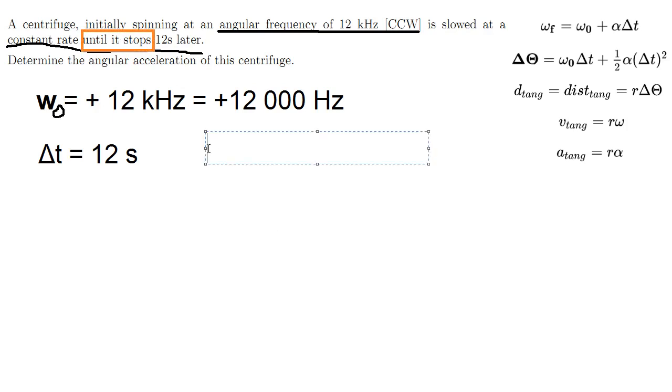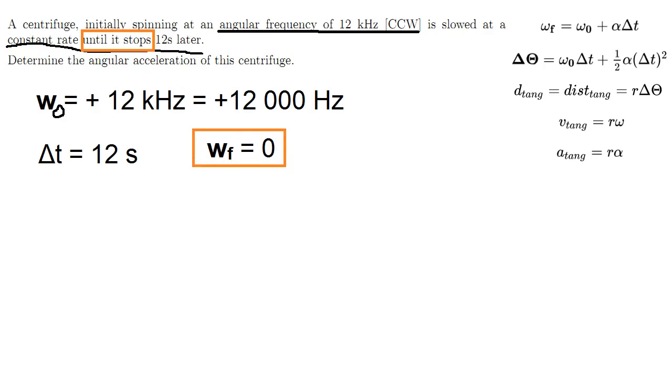But what you've also been told here is that the final angular frequency or angular velocity or angular speed, you can use all three interchangeably here, is 0. Alright, so again, just like before, pay very careful attention to words like stationary and stopping because they are telling you something rather directly.